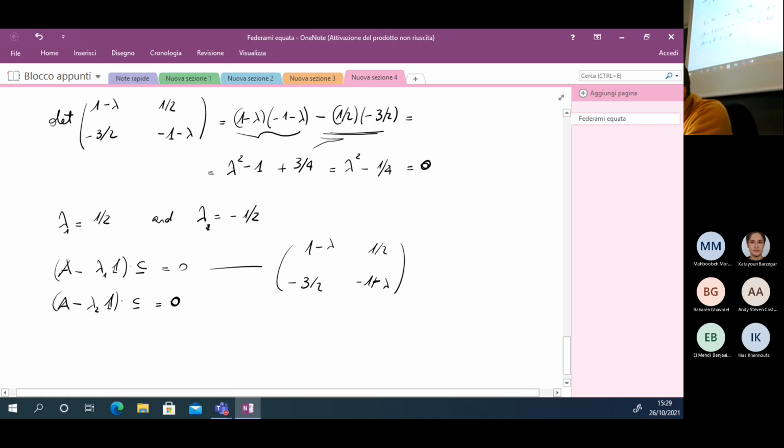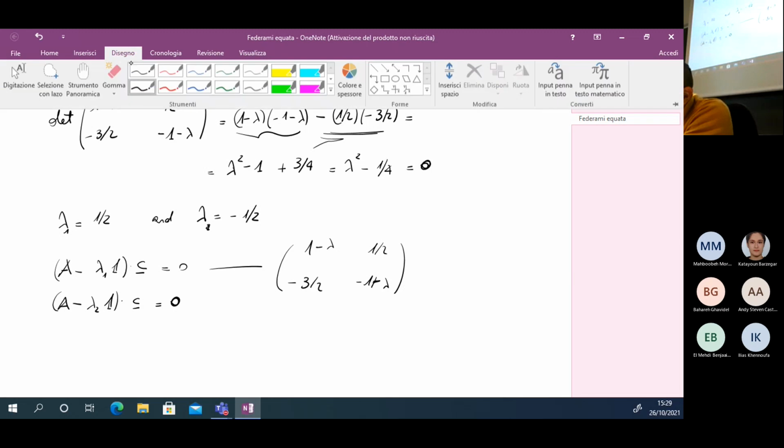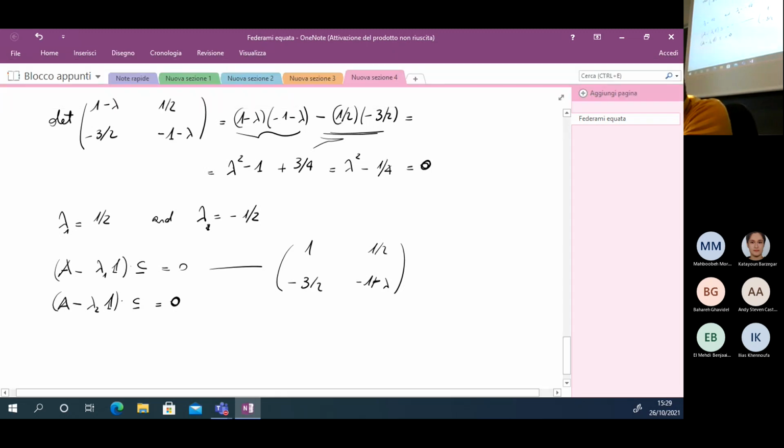And then what I have to do, sorry, not lambda here. Here there is no lambda. Then what I have to do is to subtract lambda 1 times identity. So here it's minus 1/2 and here it's minus 1/2. This should multiply C, so with two components, C1, C2 equal to 0, 0.